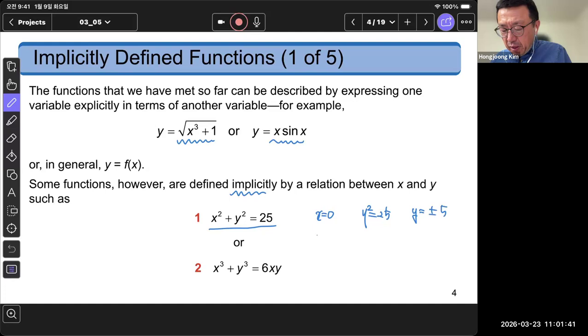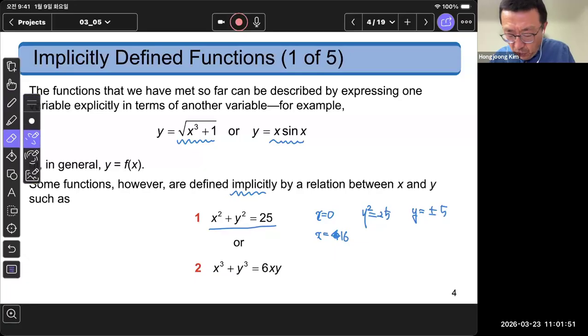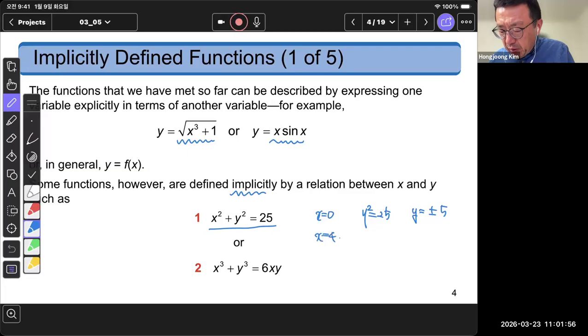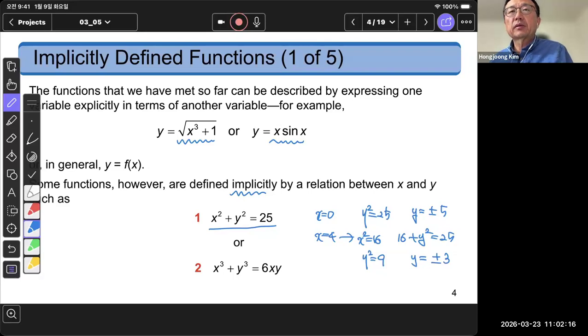When x is 4, then x squared will be 16. Then the equation will become 16 plus y squared is 25, so y squared will be 9, and the value of y will be plus or minus 3, right?